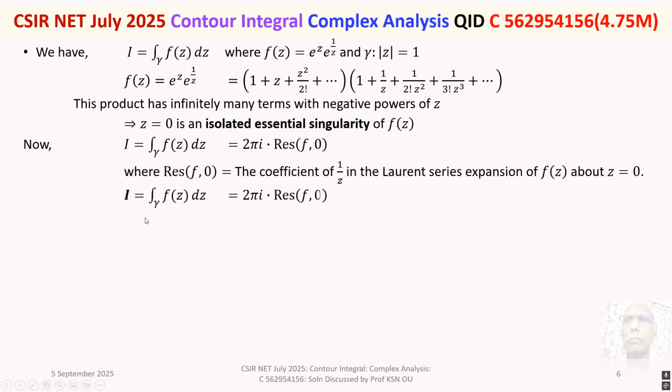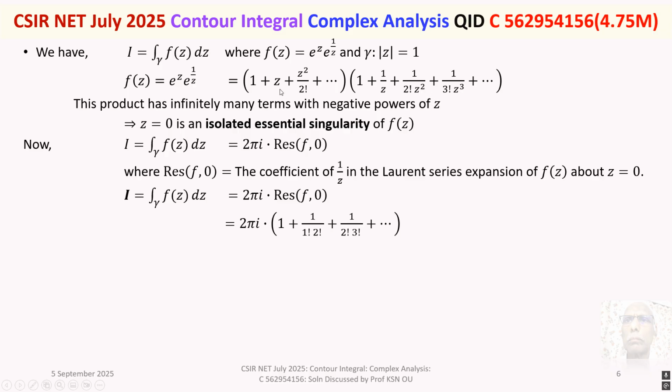So I, the integral taken around gamma of f of z dz, is equal to 2 pi i times the residue of f at z equal to 0. Multiply 2 pi i into 1 by z, that is 1, z into 1 by 2 factorial into z square. z into 1 by z square will give 1 by z.